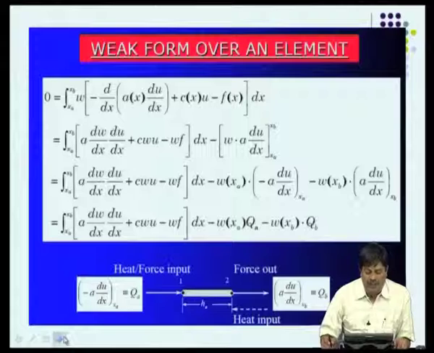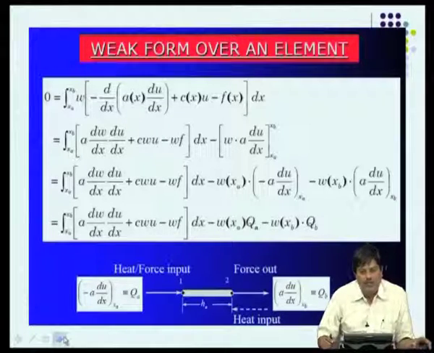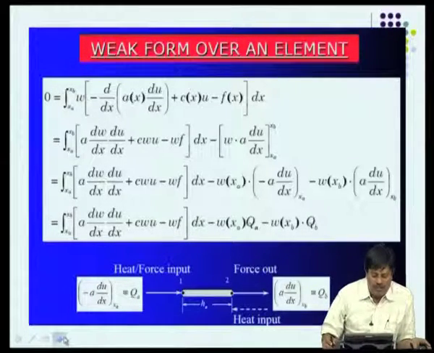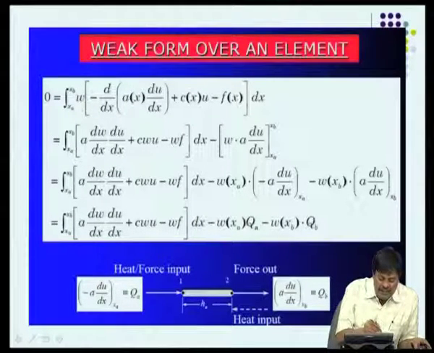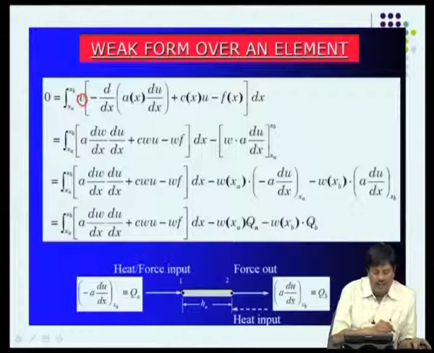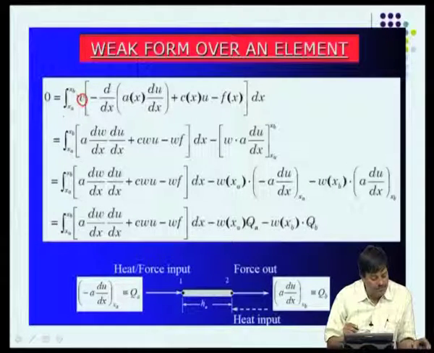So, how do we get the weak form of the solution? The weak form is basically obtained by taking the governing equation, weighting it with some function w of x, and integrating over the domain.